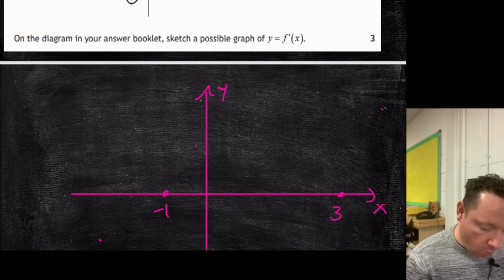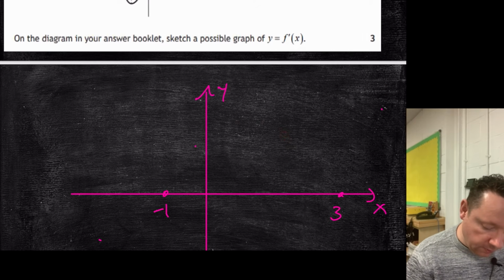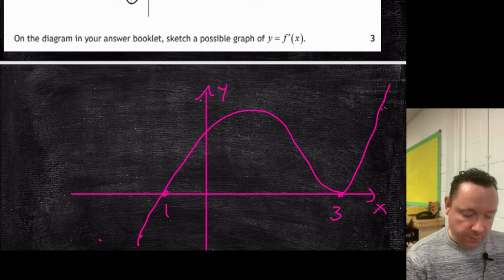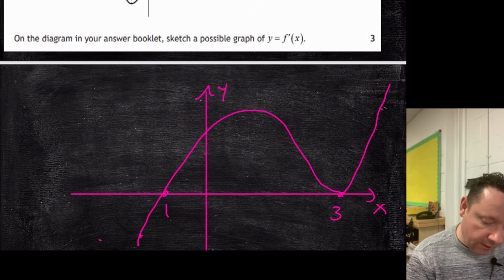So it has to go up through here, turn around and go down. So kind of tracing it with a laser, it has to go like this and then go back down and then flip it back up. So we just kind of draw that diagram as best we can. Something like that would be a reasonable graph. The graph of y equals f dash x.